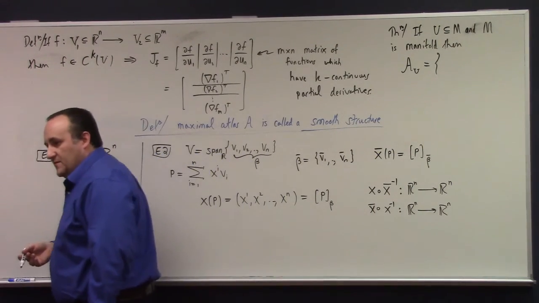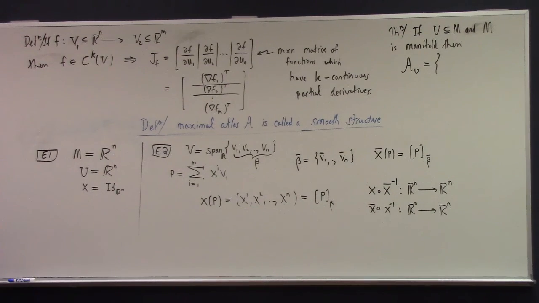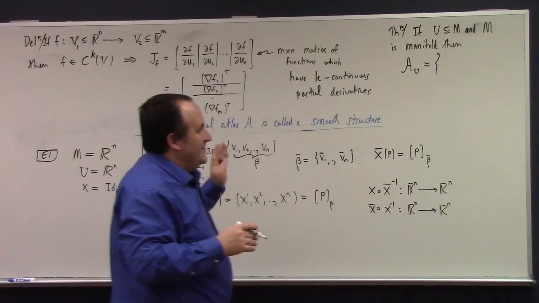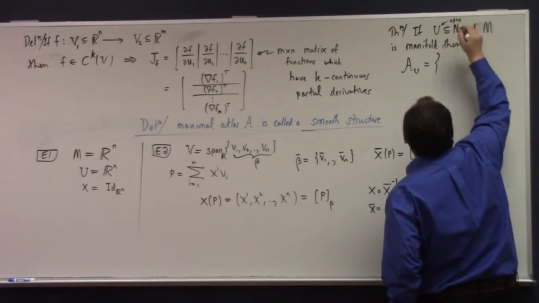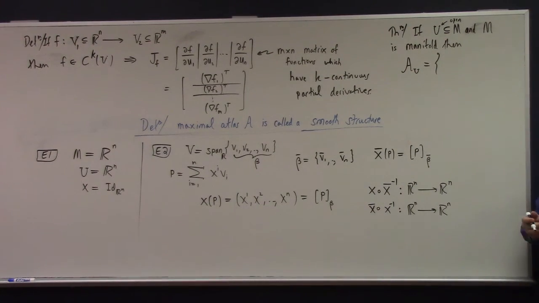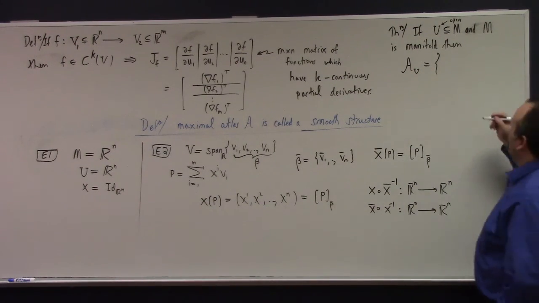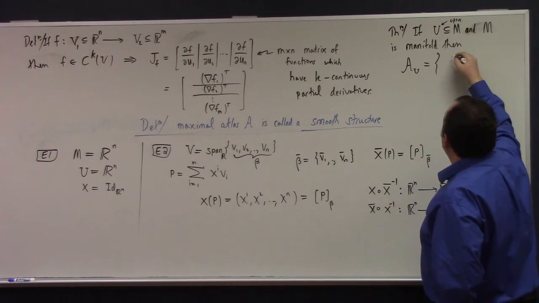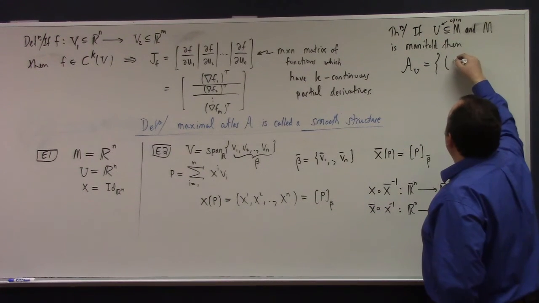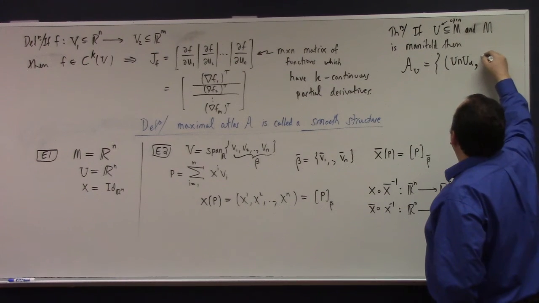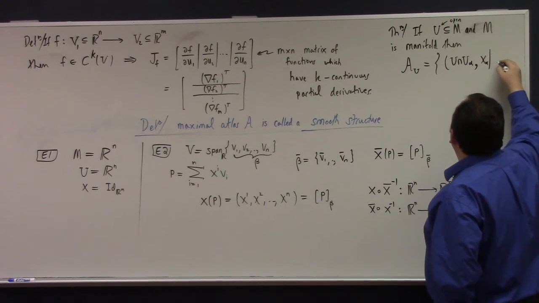Can we make U into a manifold? Yes, if U is an open subset of M. Whatever that means, sorry, topology people. So here, U is open. If U is an open subset of M, you can basically take, let's see here, U intersect U alpha, comma, X sub alpha restricted to U.